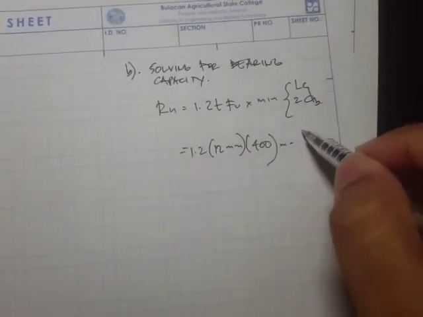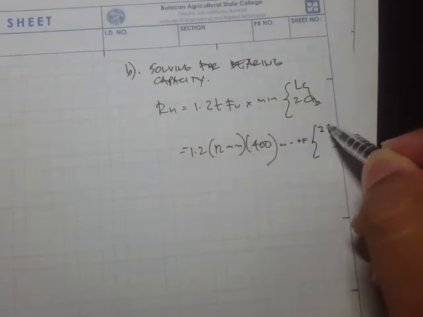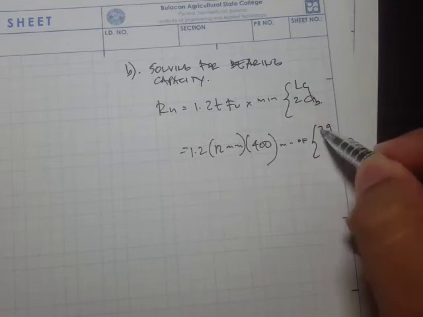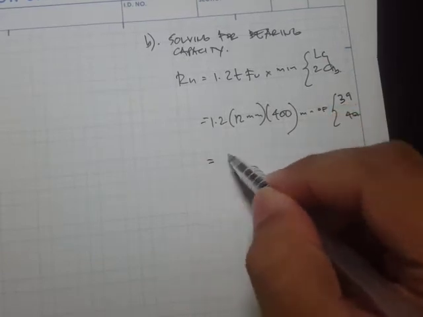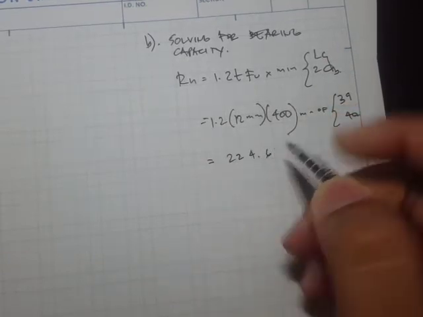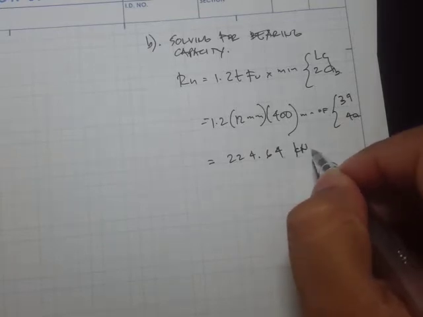Okay, so this will be the minimum of either 29, 39. That's 39 or 40. Okay, so we have 224.64 kilonewtons.